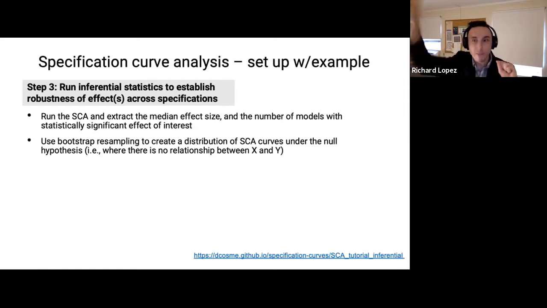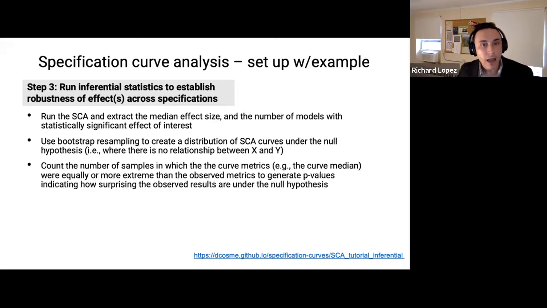That's your reference distribution, because you're trying to see how extreme or significant the effect in the observed SCA is versus the bootstrapped SCAs that don't have any effect in them. So that's the key step. And then the last step is you count the number of samples in which the curve metrics, such as the median, were equally or more extreme than the observed metrics to generate p-values indicating how surprised the observed results are under the null hypothesis.